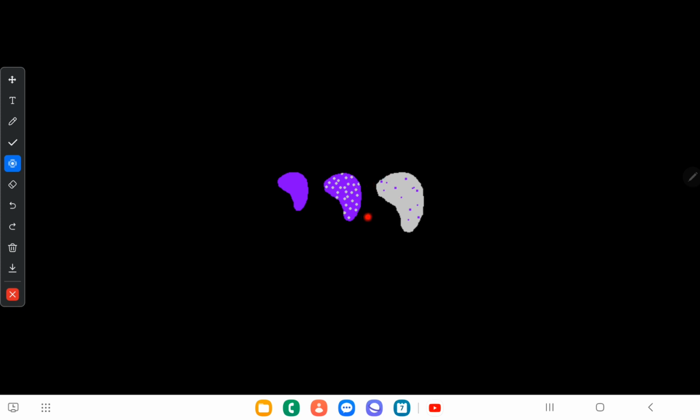Then this is a lardaceous spleen. Here, amyloid is deposited in the splenic sinuses and vessels in the red pulp. There is more diffuse involvement of the spleen, and it is more enlarged than sago spleen.